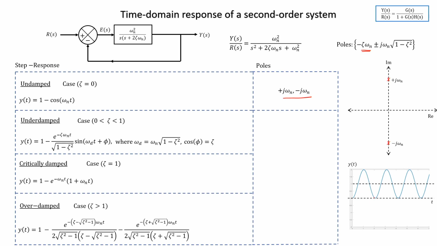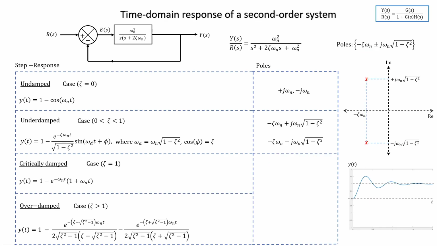The response we had seen in the last lecture will be a sinusoidal response of this form, or a cosinusoidal in other words, because it is 1 minus cos of omega n t, and the frequency of this oscillation of the response depends on the value of omega n, and that is why we gave it the name natural frequency.